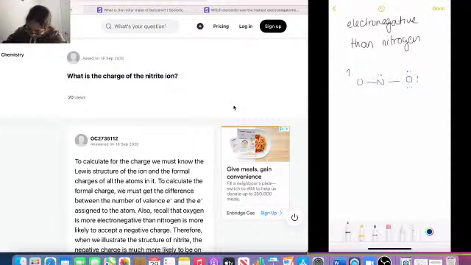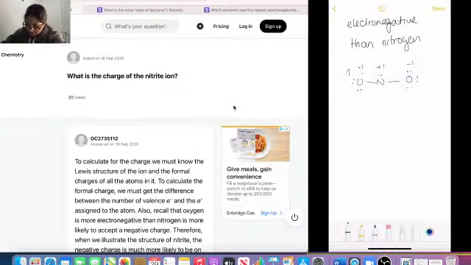Both the oxygens here will have 3 lone pairs. If you calculate the formal charge here, you have +1, -1, and -1, because oxygen can form 2 bonds, and I only created 1.